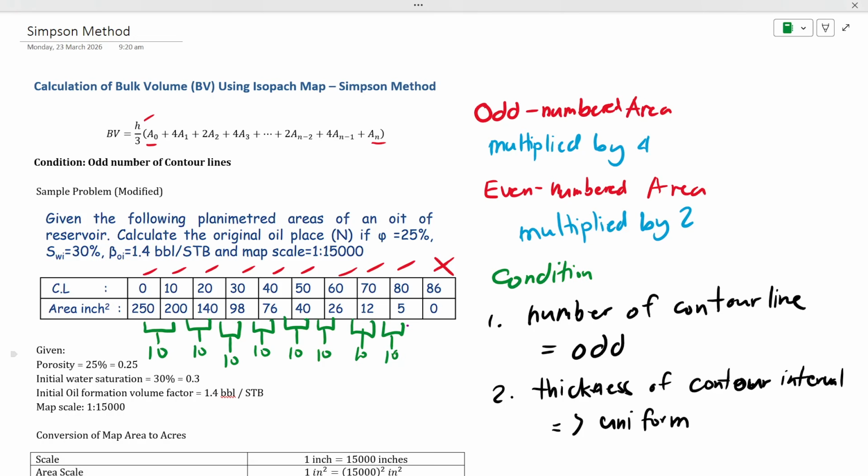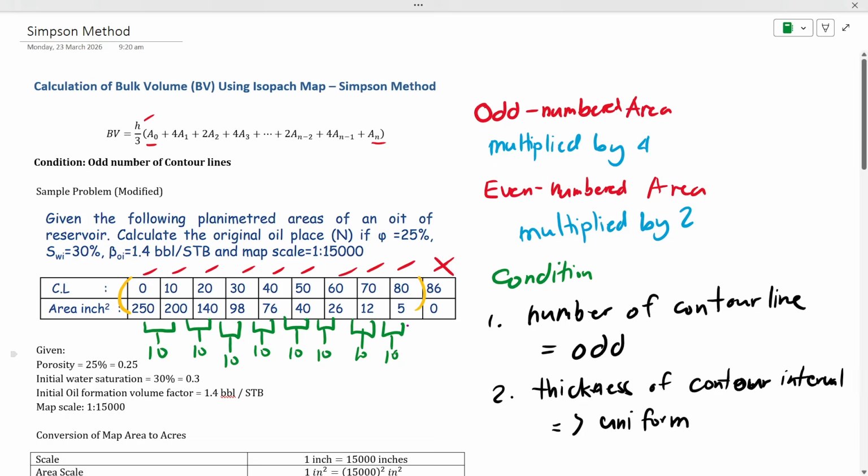Every thickness of the contour interval is 10. It is uniform. So for these contour levels and the corresponding areas, we can use the Simpson method.